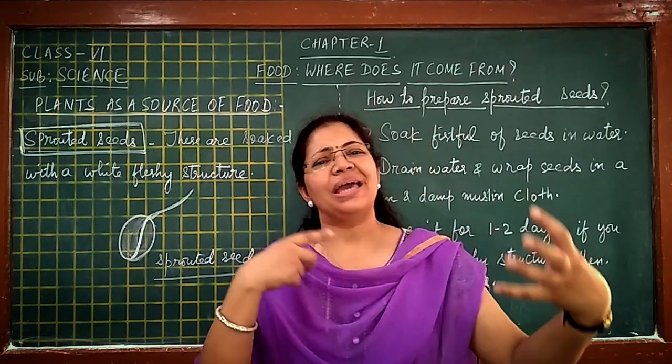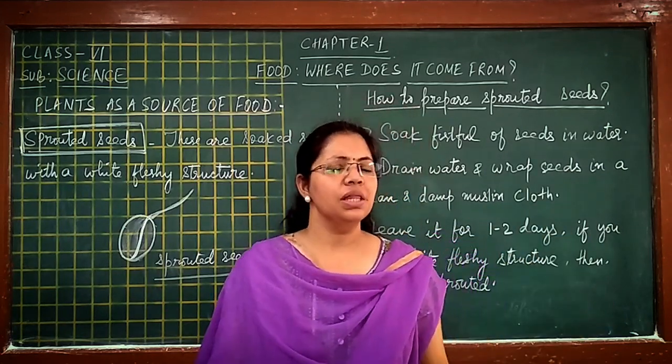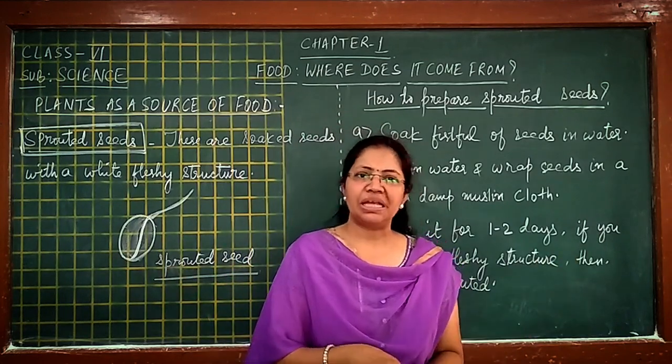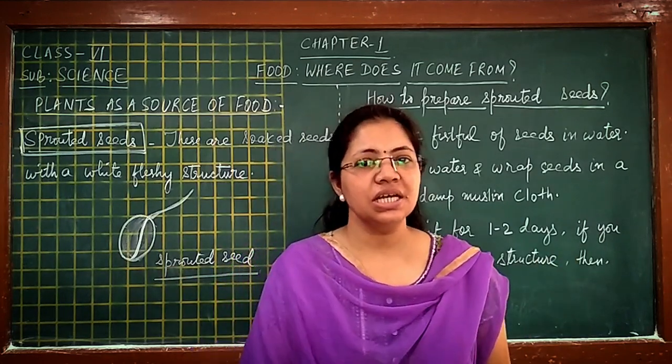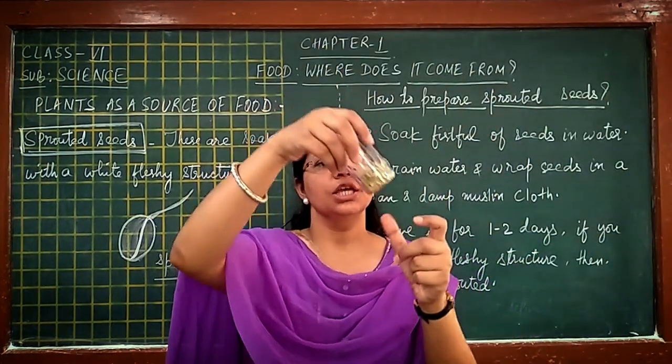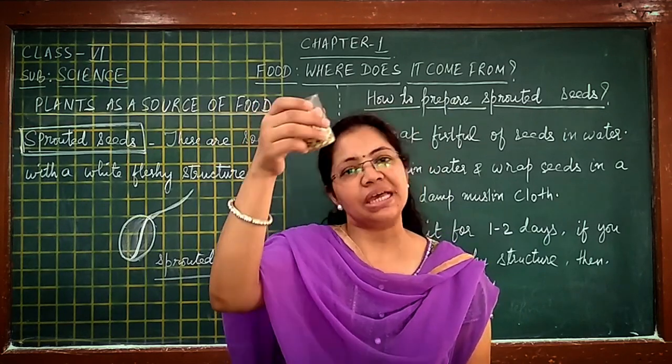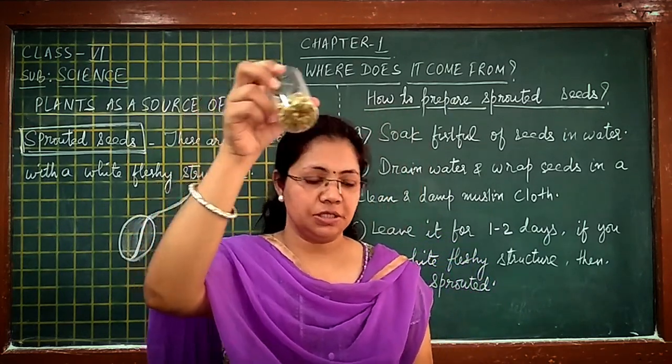Okay. Now there are many ways in which you can eat these sprouted seeds. Say for example, most of us prefer eating these sprouted seeds raw. It means the sprouted seeds are ready, you can simply take and start chewing. So that is one way that we can eat it directly as it is.